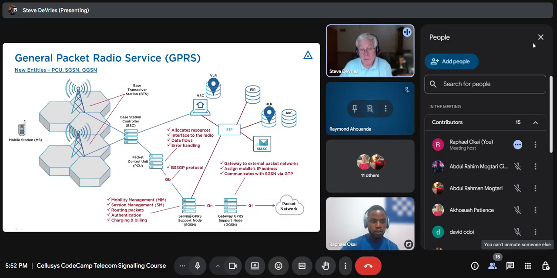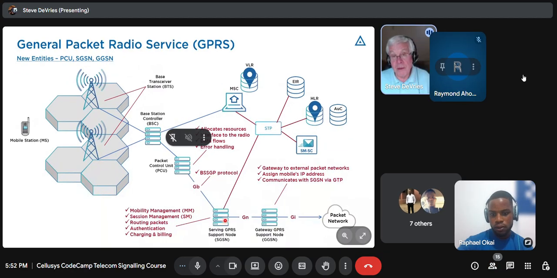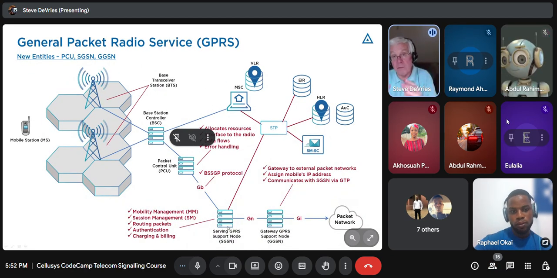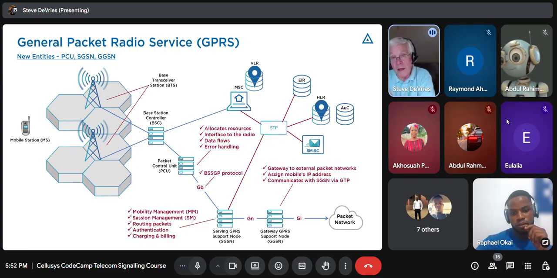The serving GPRS support node is the interconnection point, the intermediate point between the gateway and the radio network here. So this is responsible for routing, for authentication. All of your charging, all of your billing is done here. This is your access into the world.